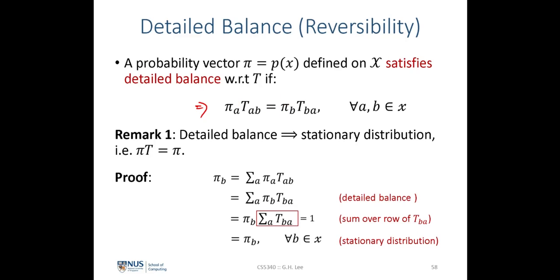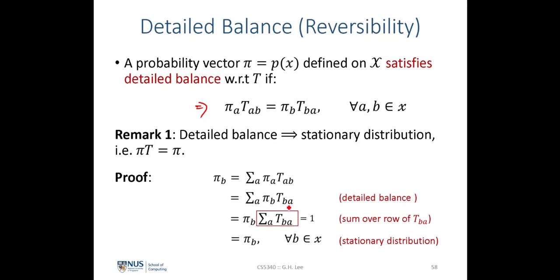The first remark that I'm going to make here is that the detailed balance implies that the stationary distribution is fulfilled. So here's the proof, where we start off from computing the marginal probability of pi b, which is given by the marginalization over A of the left hand side of this equation.